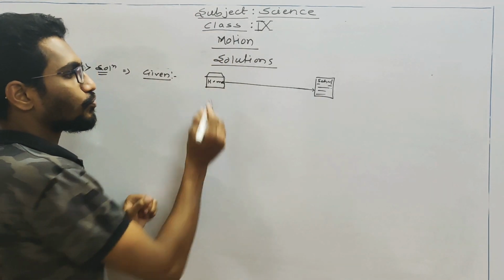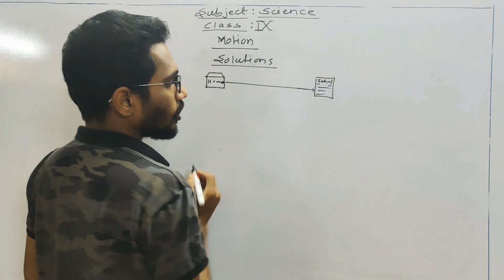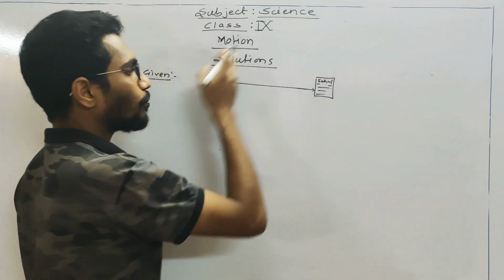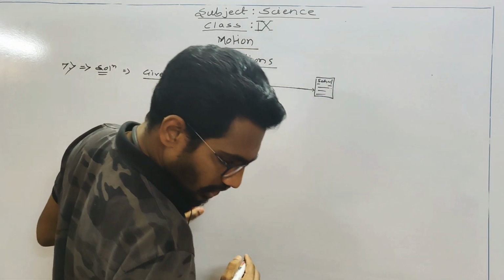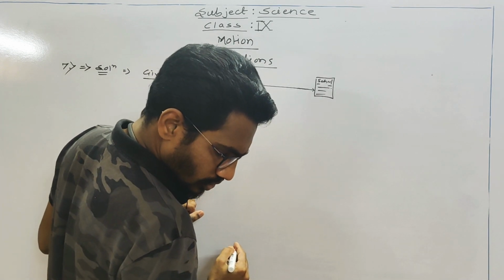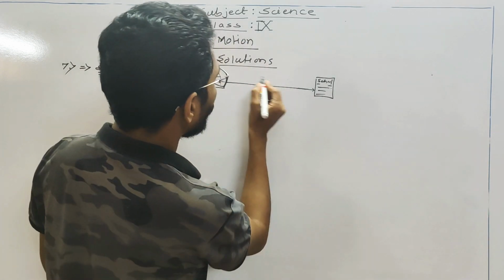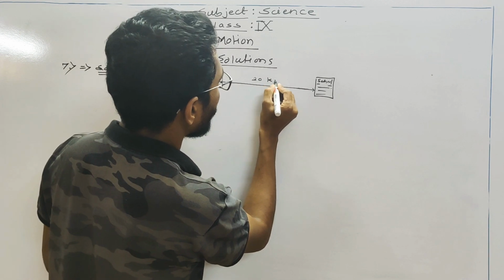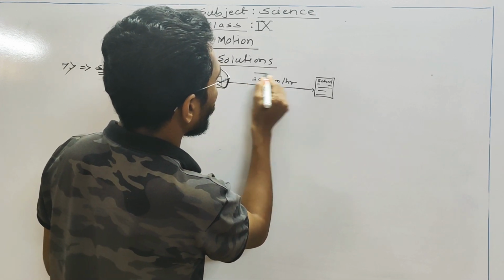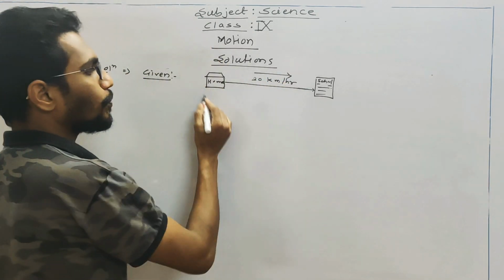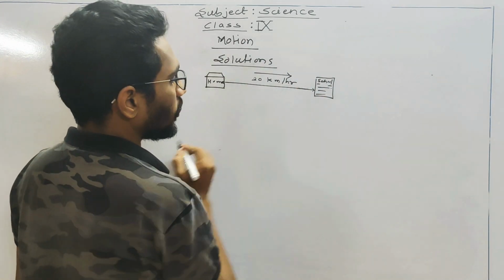So Abdul drives from home to school. So when it moves from home to school, its speed will be 20 km per hour. Home to school, 20 km per hour.